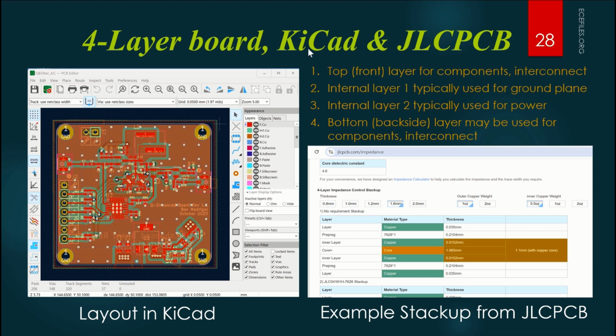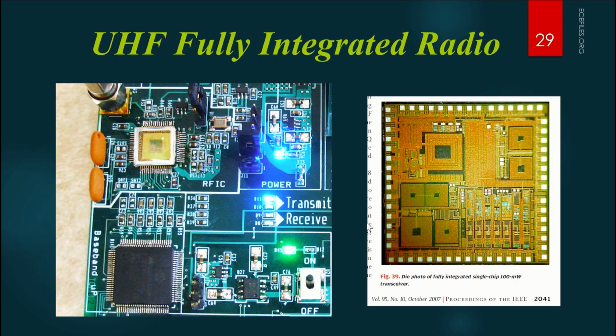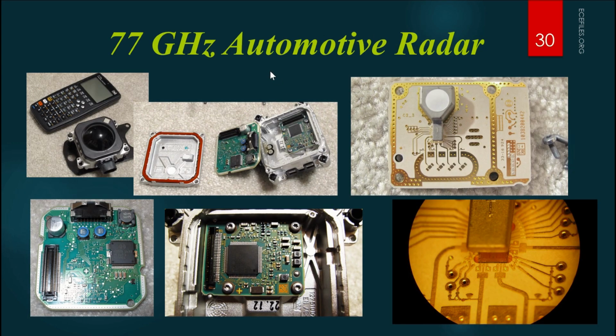And I'll briefly talk about KiCad and various fabrication companies. This is one of them. And talk about what the so-called layer stack-up looks like on a four-layer board. And what it might look like in an integrated circuit. There's actually a ground plane right here because there's a bunch of digital circuits and there's sensitive RF circuits here. And finally, we will look at the 77 gigahertz automotive radar teardown that I showed in class to demonstrate how people do stuff at these super high frequencies.